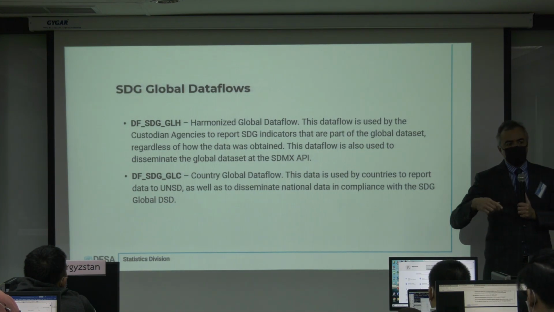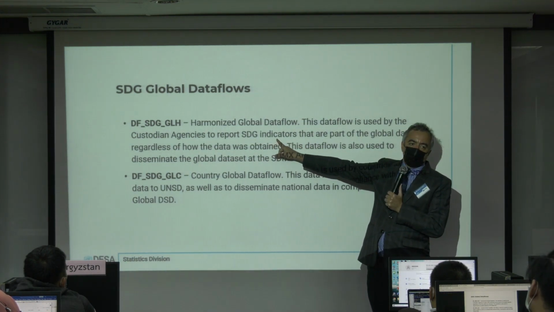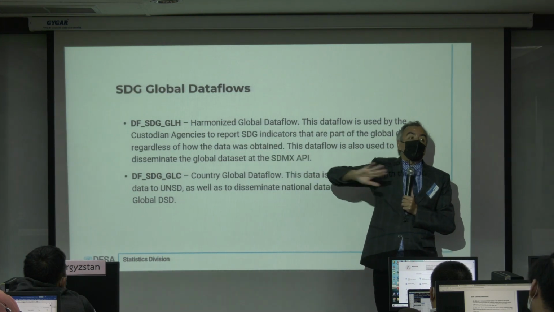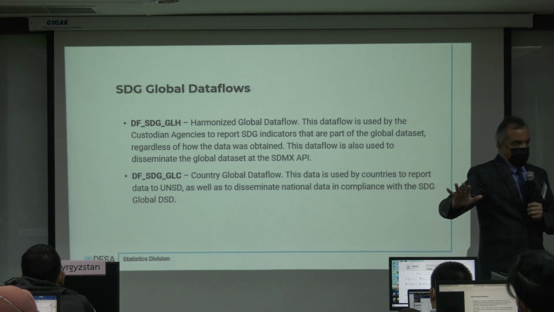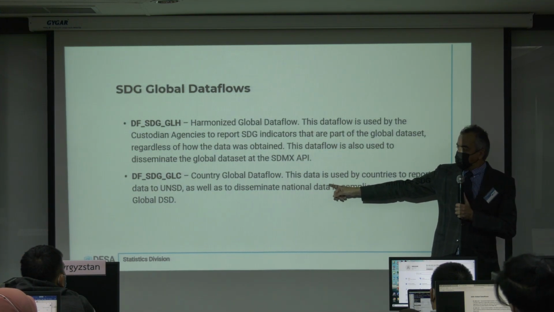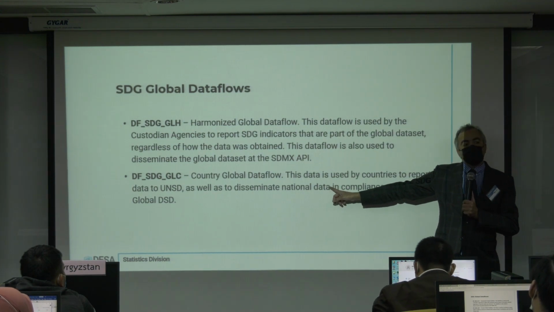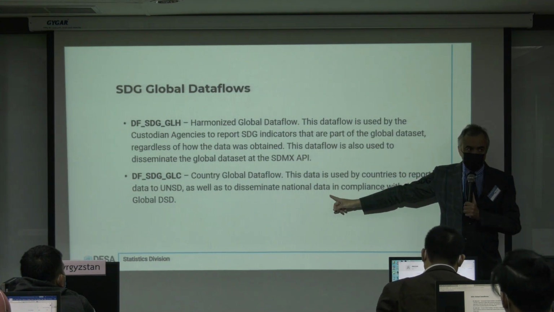It can be reported by the ILO against the harmonized global data flow, regardless of how it was obtained. And when Thailand reports this same indicator, it uses the country global data flow. All right?